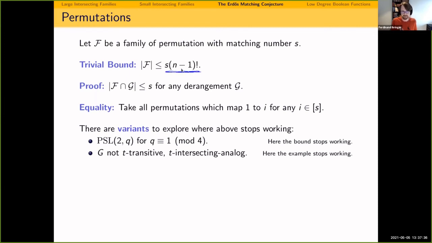But it's also trivial to construct such families. We can just take all permutations which map 1 to one of the first s elements. These families don't share a common element, so we can just obtain equality.